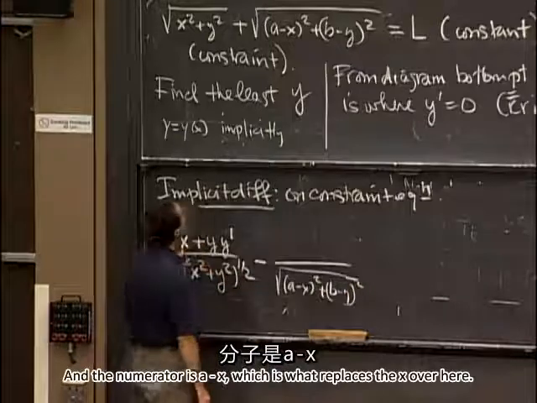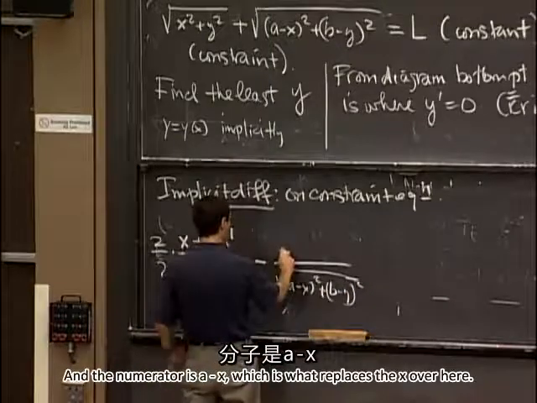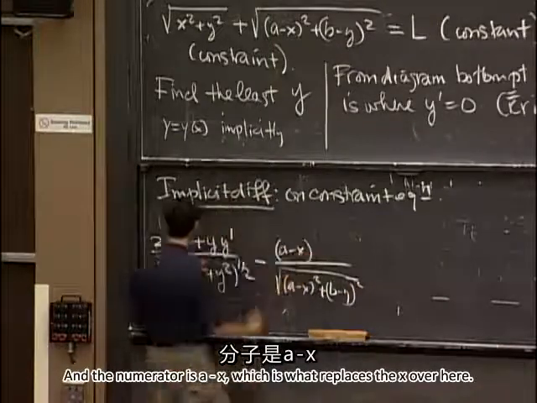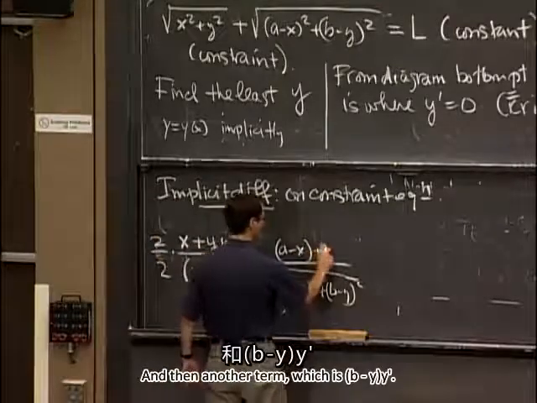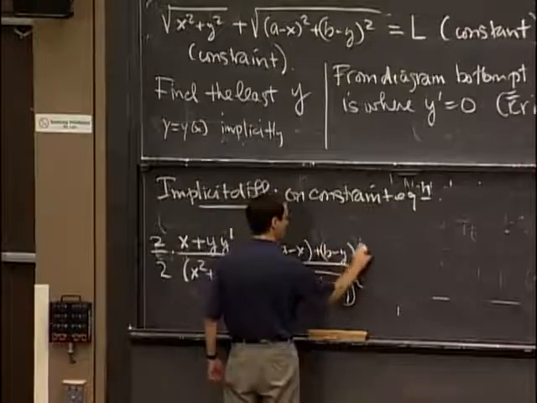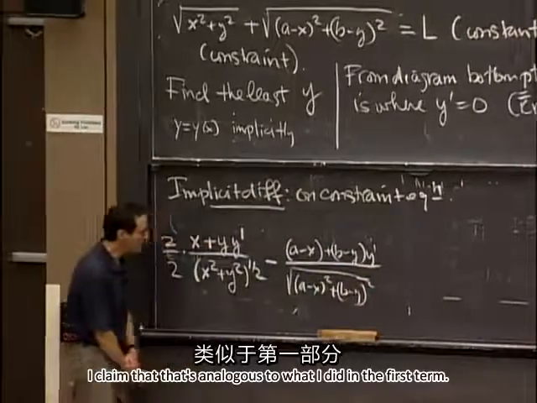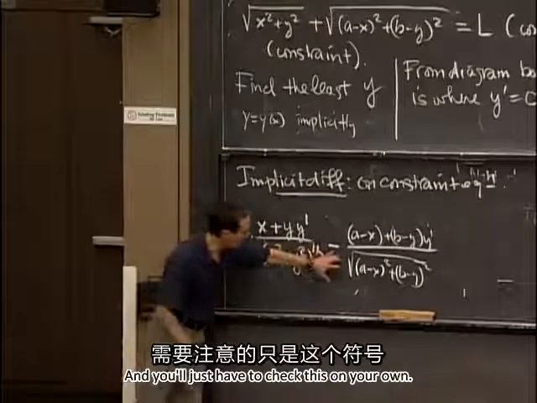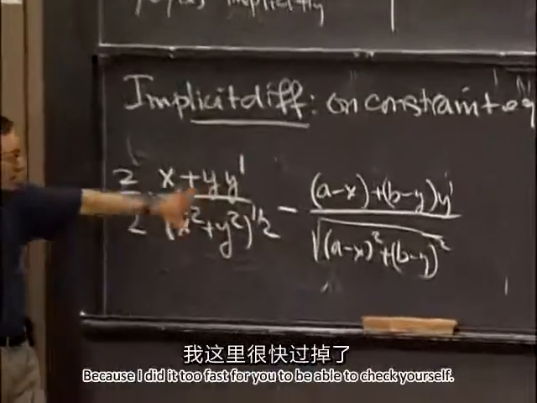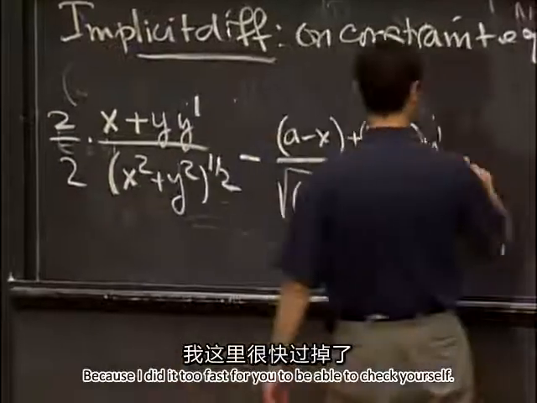And the numerator is a minus x, which is what replaces the x over here, and then another term, which is b minus y times y prime. I claim that that's analogous to what I did in the first term, and you'll just have to check this on your own, all right? Because I did it too fast for you to be able to check yourself.